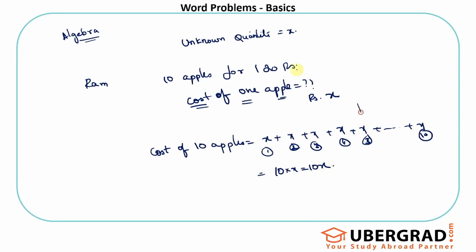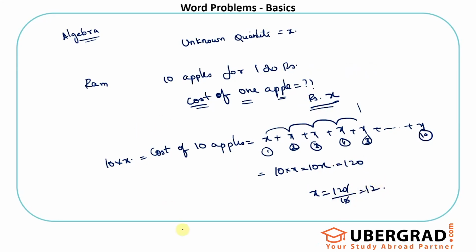Obviously each apple is X rupees, so 10 apples would cost 10 times the same thing. The basic logic of multiplication is nothing but adding the same number n number of times. That's why I'm getting 10X. So the cost of 10 apples is 10X, which is given as 120 rupees. So X equals 120 by 10, which is 12 rupees.